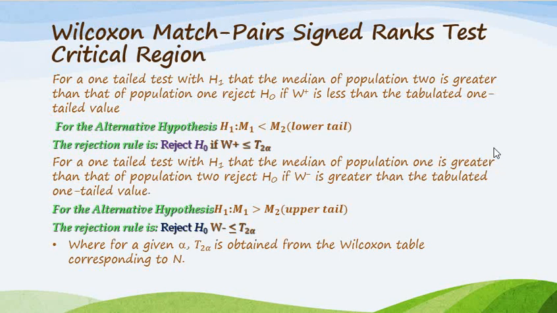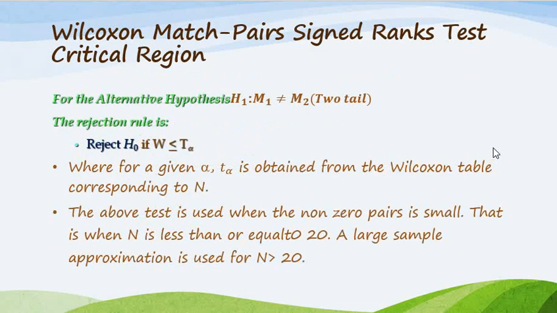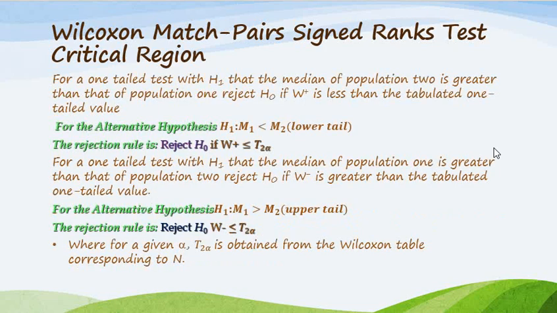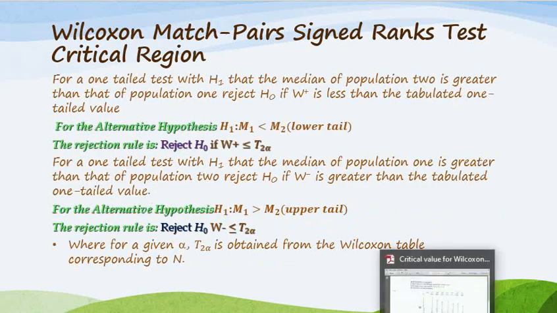And if M1 greater than M2, we reject H0 when W minus is less than or equal to T2 alpha. And for M1 not equal to M2, we reject H0 when W is less than or equal to T alpha. So we have two values, T alpha and T2 alpha, which have to be obtained from the table.